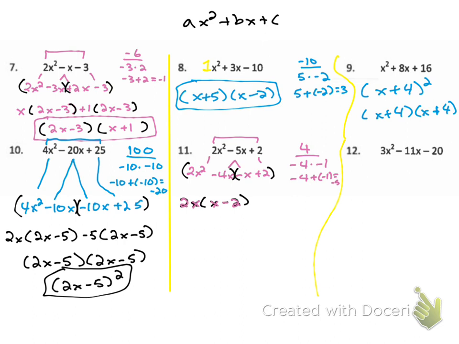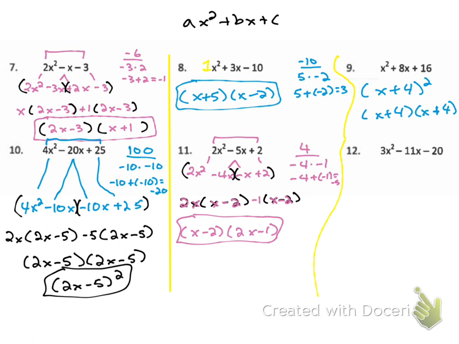And then GCF of my second grouping is just a negative 1, which leaves me with x minus 2. So my answer there will be x minus 2 times 2x minus 1. Okay. All right.